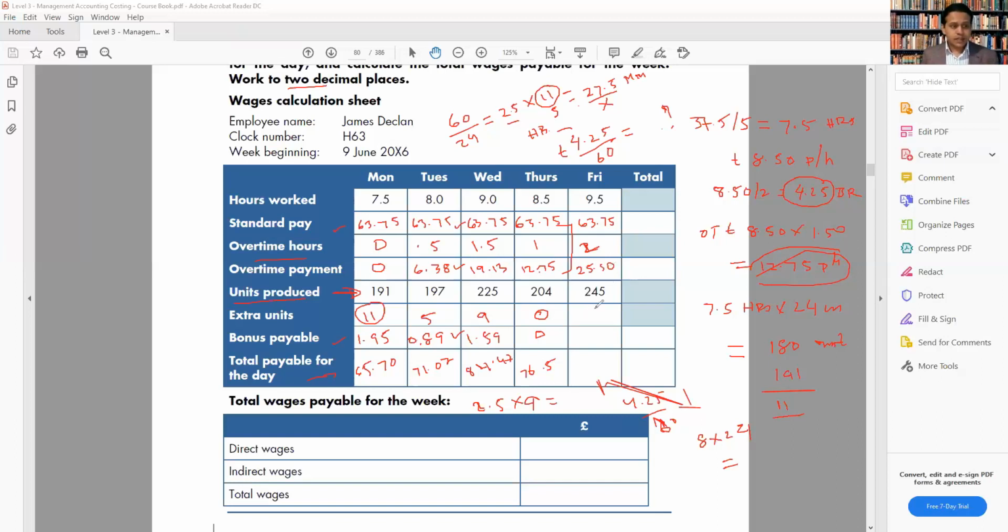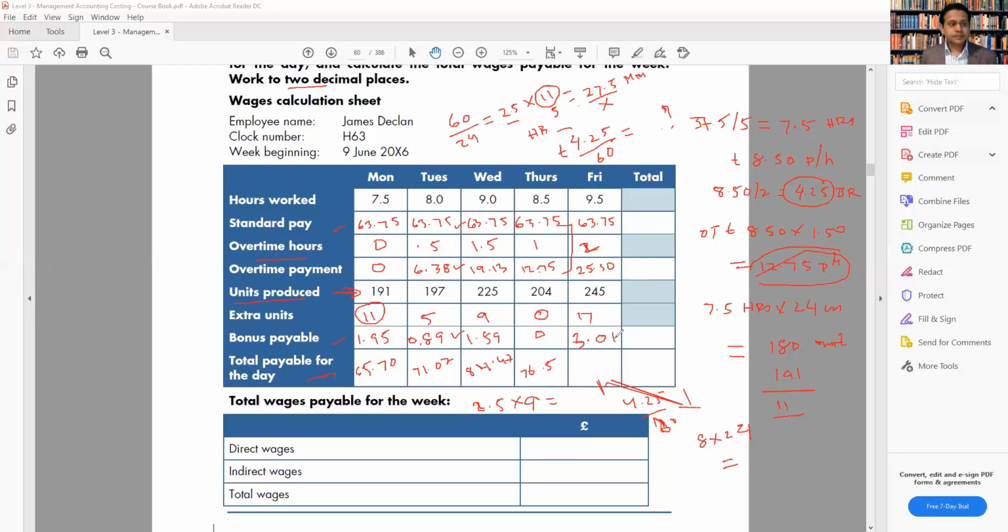Extra, is there an extra unit here for 9.5 hours? 17 units extra. Very well done. 17 units extra. And the last one, the tricky one, bonus. How much is the bonus for the 17 units? 3.01. Thank you, Thidora. 3.01.